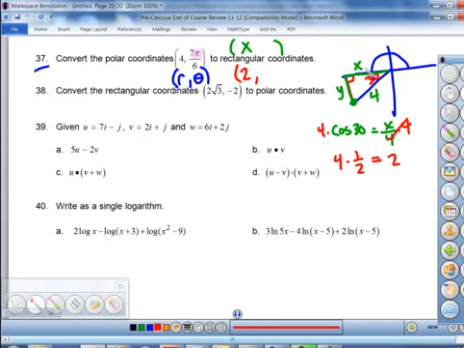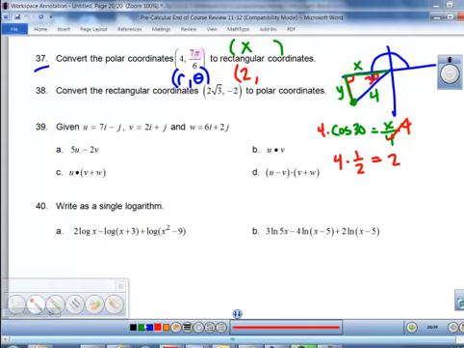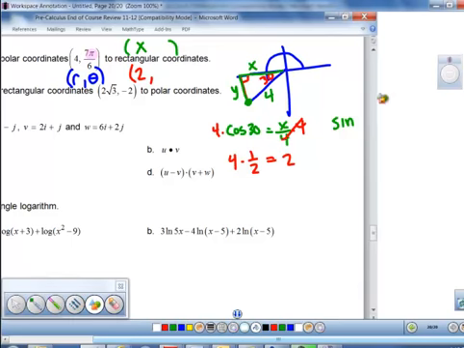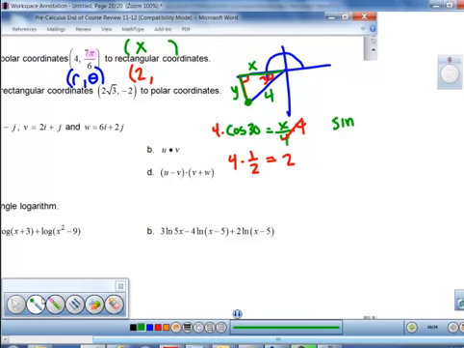Now you could use the Pythagorean theorem from here, but I would just say, okay, if I want to find the y value, it's almost exactly the same, except now I'm going to be doing sine. So sine of 30 degrees is going to be y over 4.